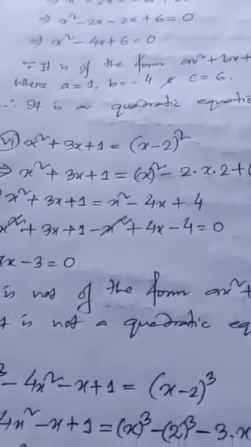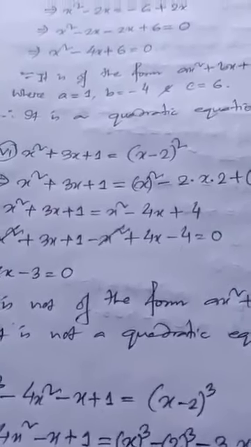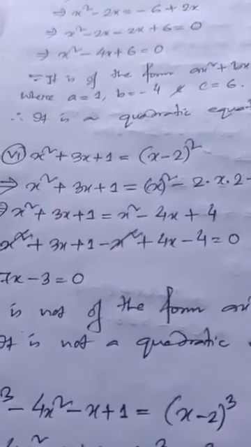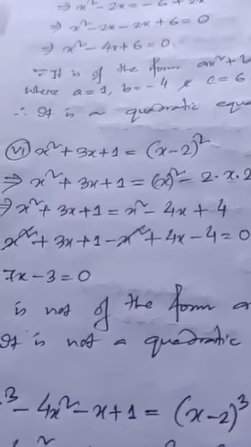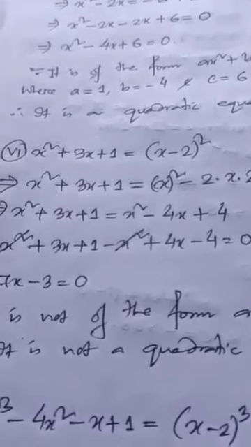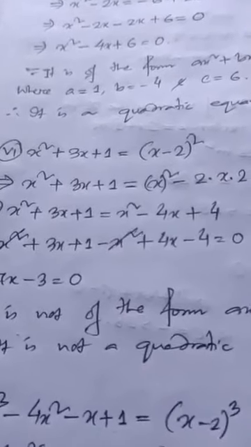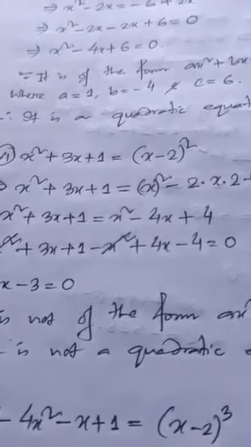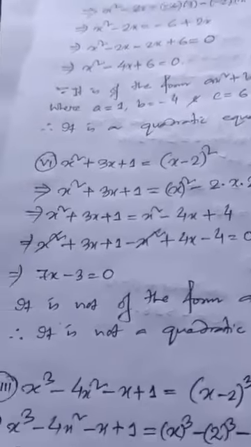So we have to transpose those present in RHS to LHS. For that, what will happen? x square plus 3x plus 1 stays as it is. Then that x square in RHS, when it goes to LHS, will be minus. Then minus 4x will become plus 4x. Then plus 4 will become minus 4 equal to 0.